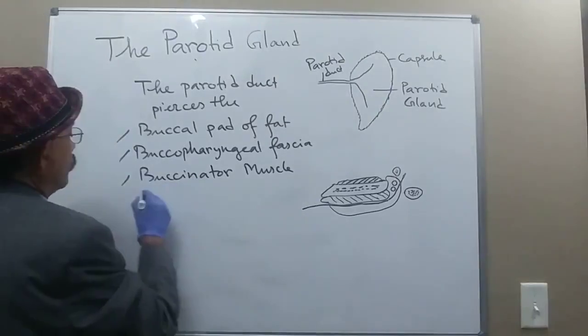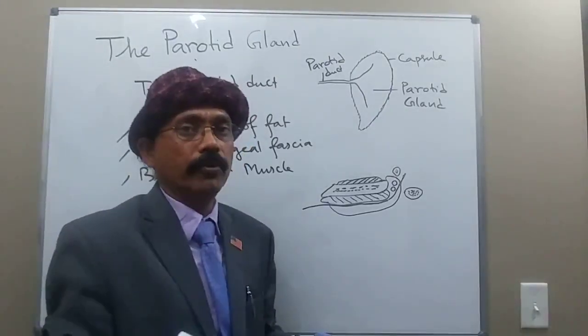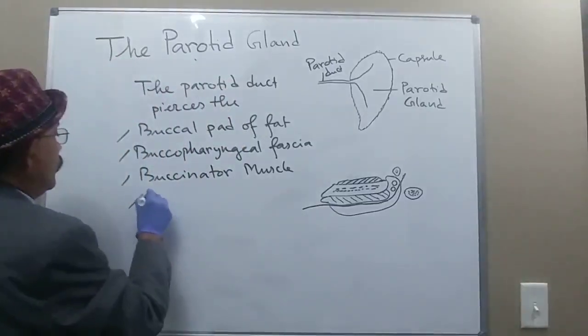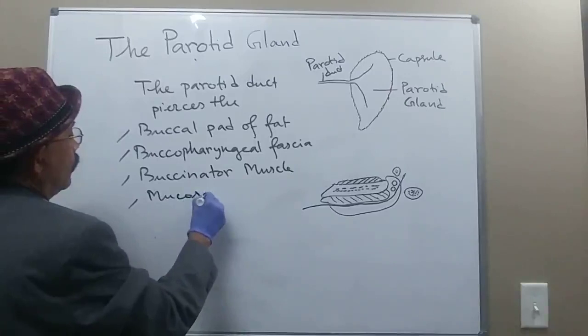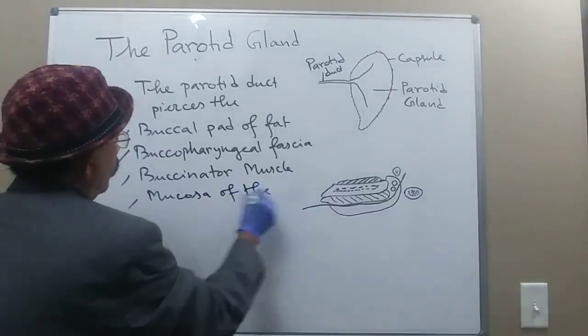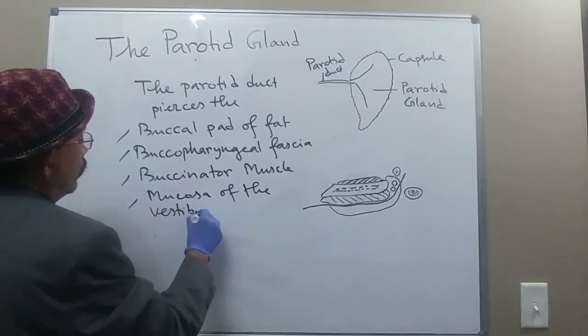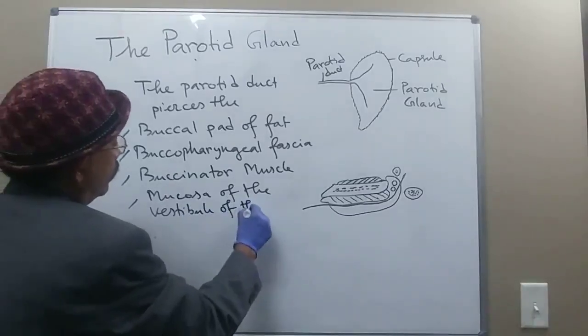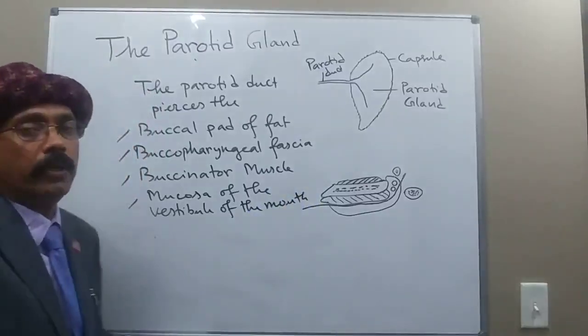Then it passes between the buccinator muscle and the mucosa of the vestibule of the mouth. It opens where?